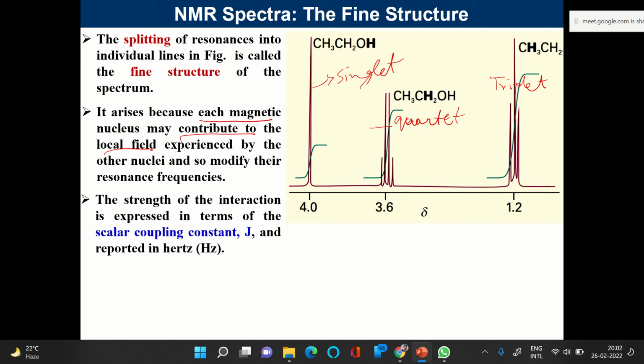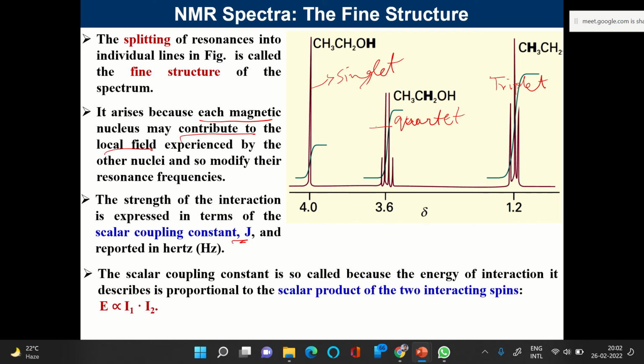Okay, so then we define this coupling constant J, and its units are hertz. So the interaction energy of the two spins is given by this, where I1 and I2 are the two angular momenta of the two interacting nuclei.